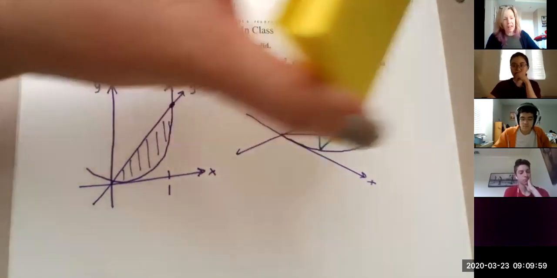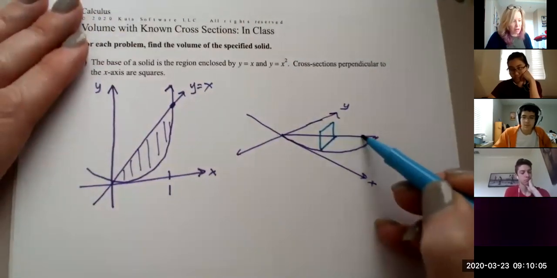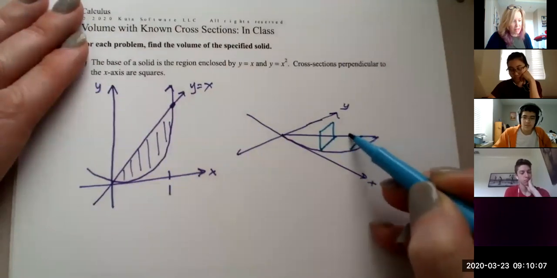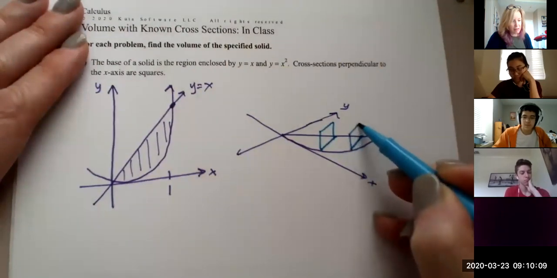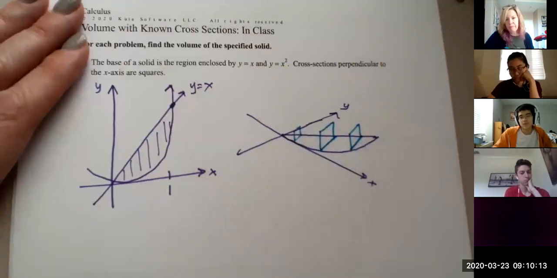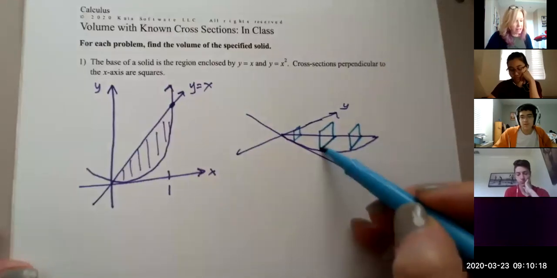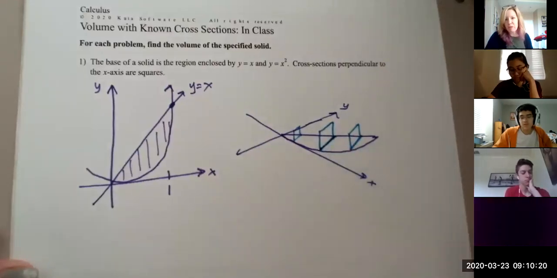Okay, this is handy to have here. And so what they're saying is that anytime I do a cross section anywhere along this base, it's making a square. And notice how those squares are all different sizes. The length of that square is determined by the distance between those two functions.